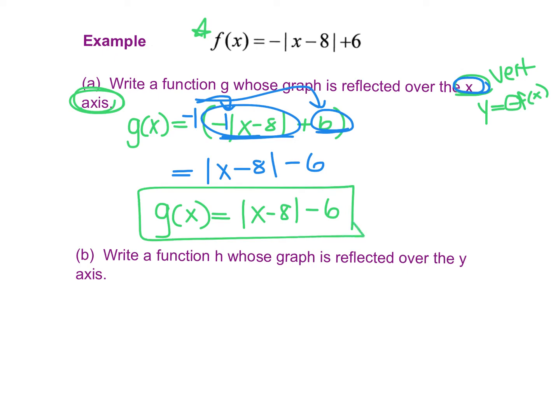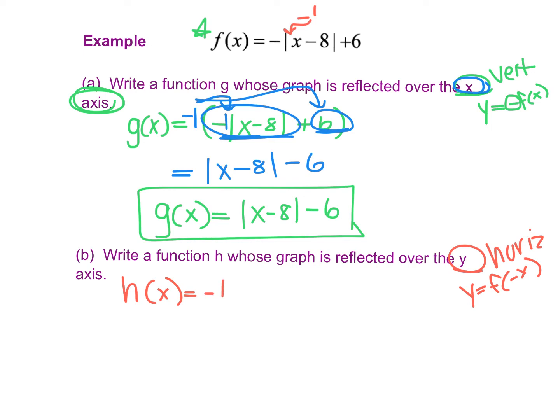Now if we look at this next example here, we're writing a function h of x reflected over the y-axis, which is a horizontal flip, and is equal to y equals f of negative x. So that's because we're just changing the x value, the input values, to be multiplied by negative 1. So all we're going to do here is stick a negative 1 in front of x.